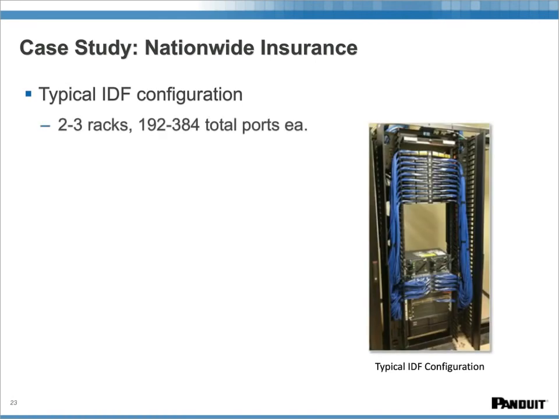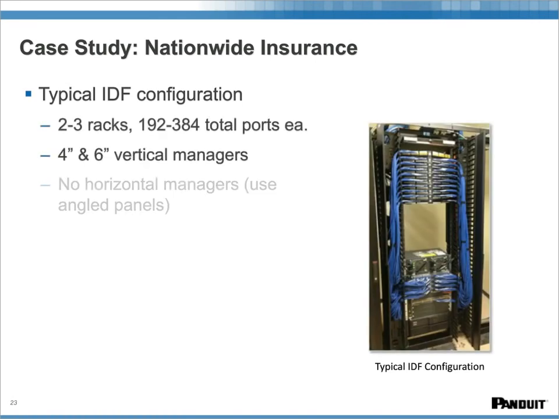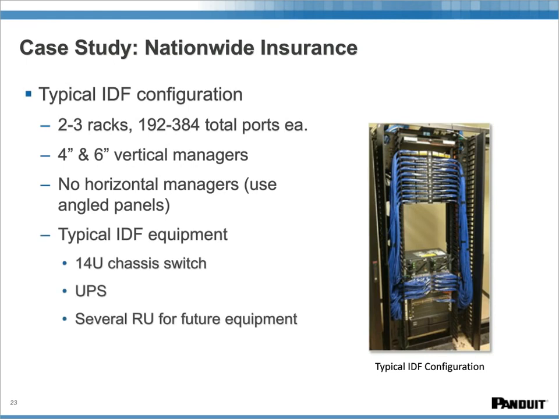Well, depending on the number of horizontal drops to the IDF, we use 2 to 3 racks, the 4 to 6 inch vertical managers. With the angle patch panel, that alleviates the horizontal wire managers to use.